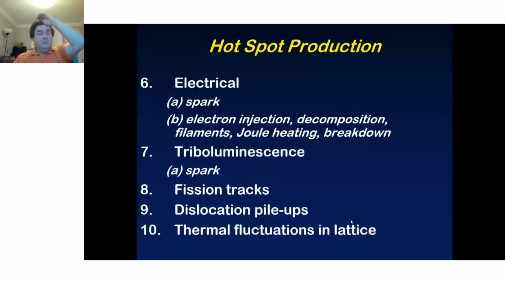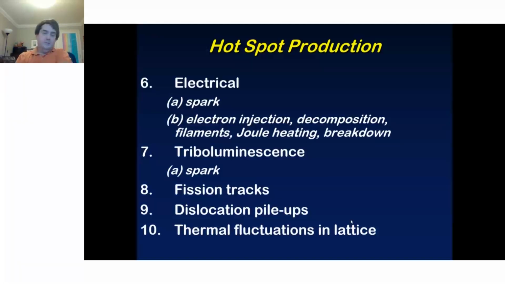Electrical hazards, very widely known. So yes, static. Friction, in terms of rubbing, in terms of triboluminescence, well, yes, you can get sparks there. Fission tracks, dislocation pileups, thermal fluctuations in the lattice, cosmic rays, all can deposit energy into a crystal.